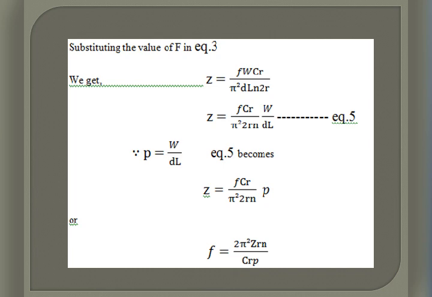Equation 5 becomes Z is equal to f into C_R divided by pi square 2RN into pressure P. Or we can write the relation as f is equal to 2 pi square ZRN divided by C_R P, where C_R is the radial clearance that we must keep in mind.